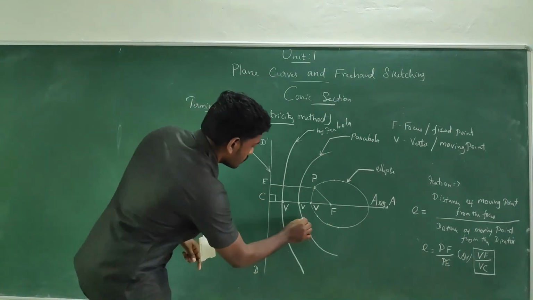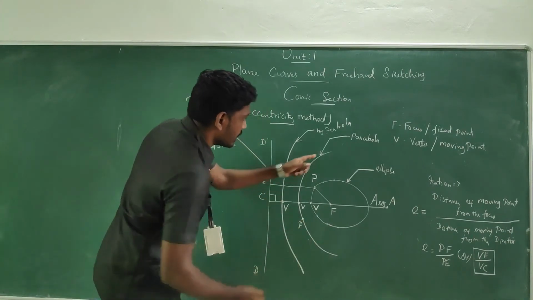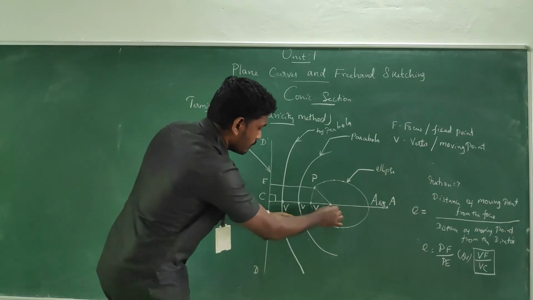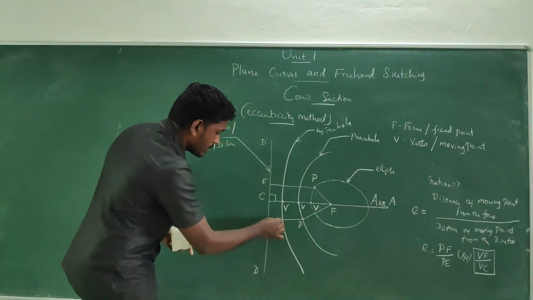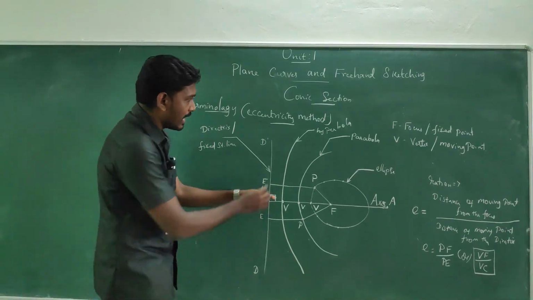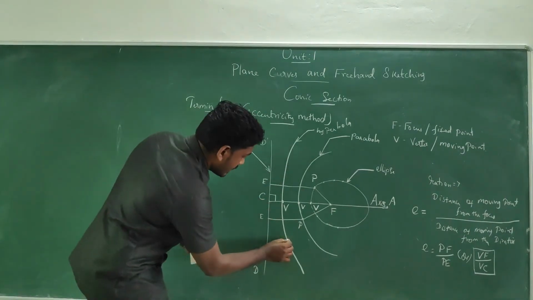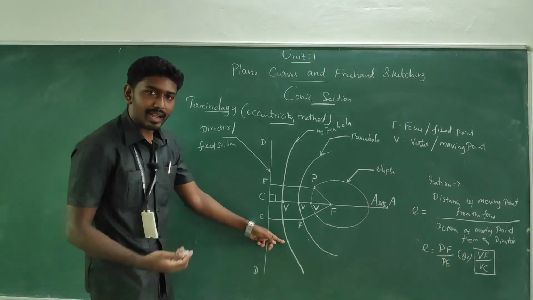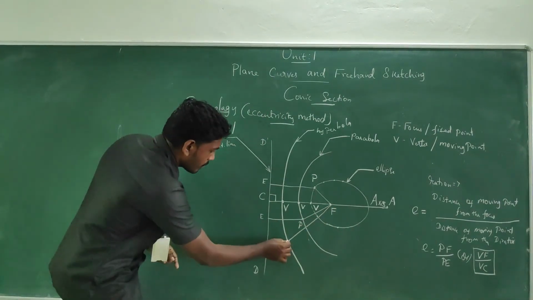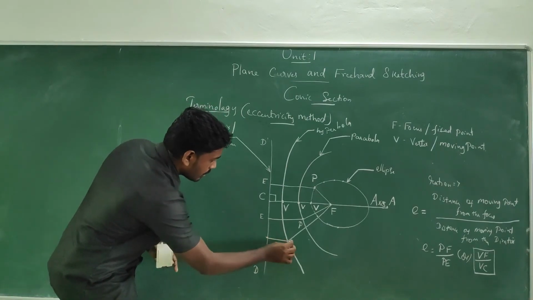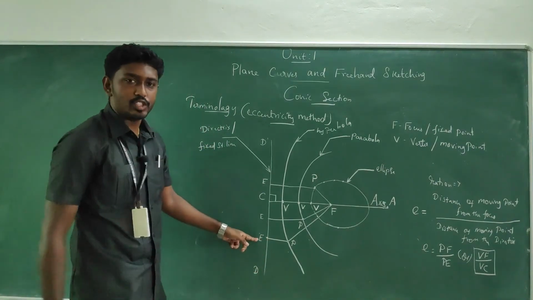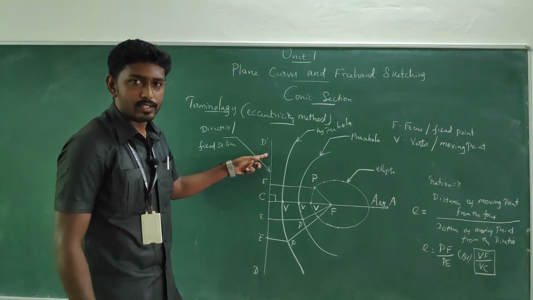So if I take this as point P for the parabola, PF divided by PE will be the ratio E, and for the hyperbola, if I take a moving point anywhere on the curve, PF divided by PE will be the ratio for what? Eccentricity.